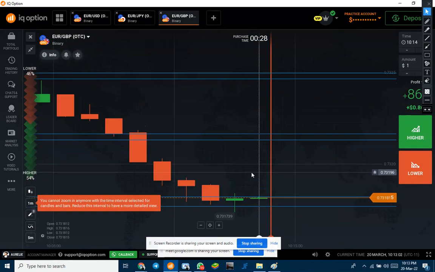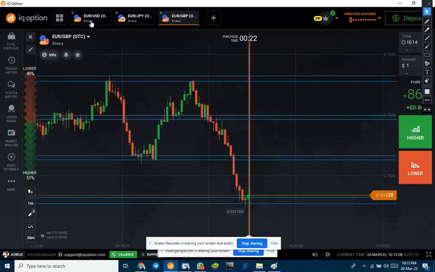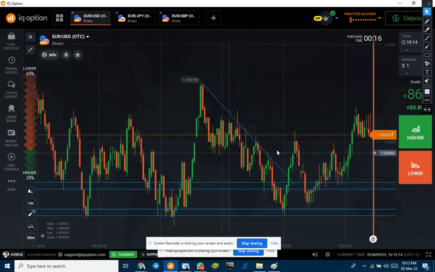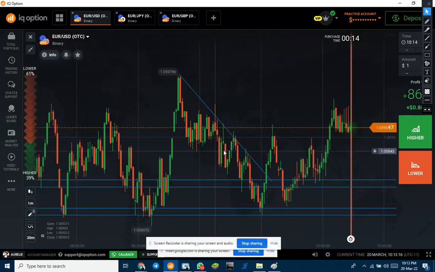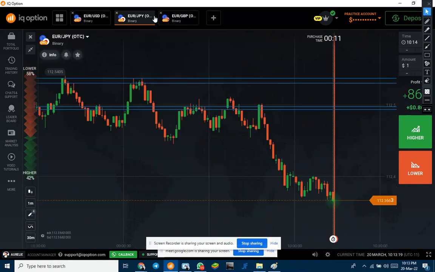Okay, this was my mistake. I should have known, because although I did explain, I think is it Euro USD. I'm trying to bring something here so that you guys should understand. I don't know where the trade is, or Euro GBP.